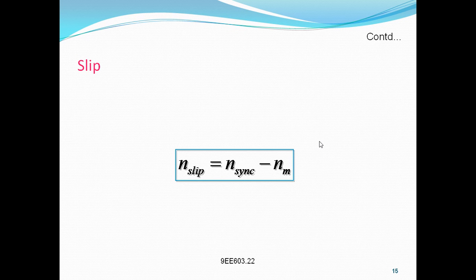So what is the synchronous speed? What is the slip? Slip speed is equal to synchronous speed minus motor speed. Note down this.